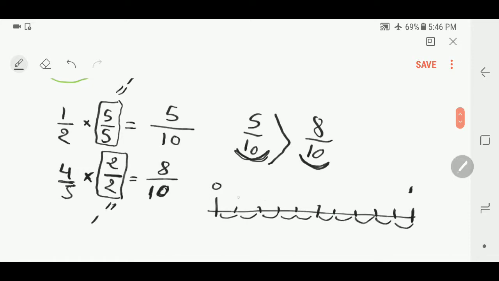So where is 5 over 10? It's actually the middle, because 5 over 10 is the same as 1/2, right?